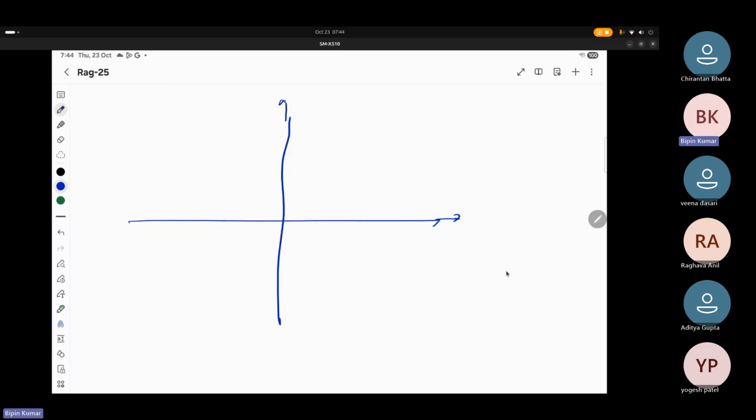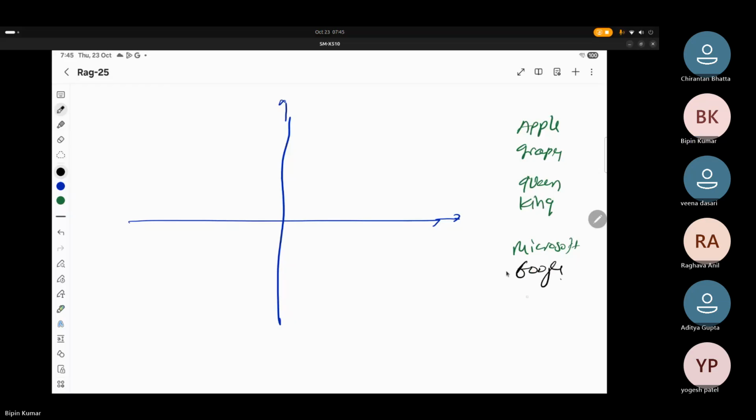Okay. For example, let's say I take a few words, for example apple, grapes. Okay. Then queen, king. Okay. Microsoft. Okay. And let's say Google. Okay.